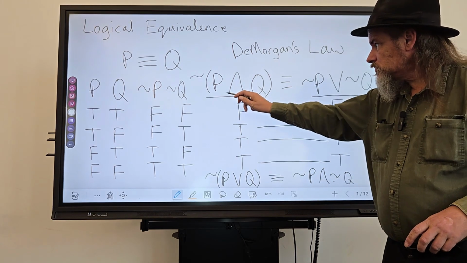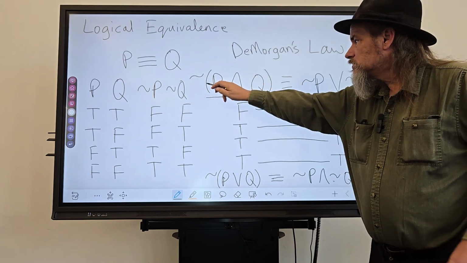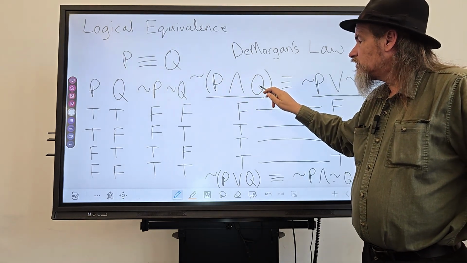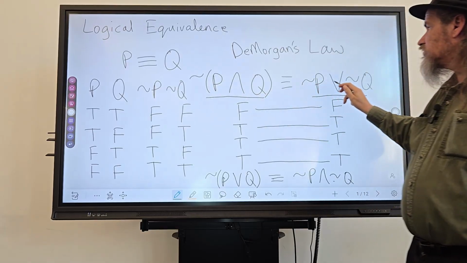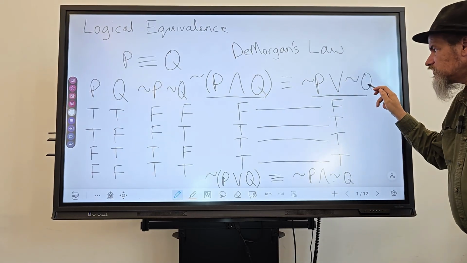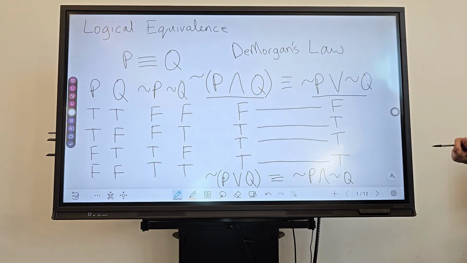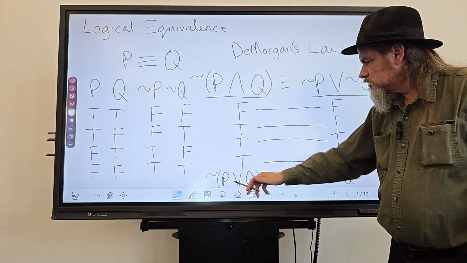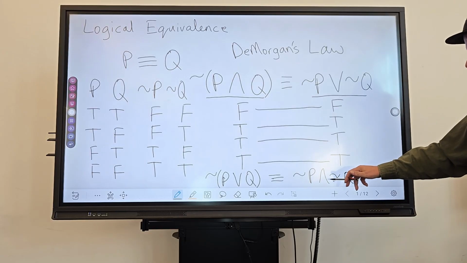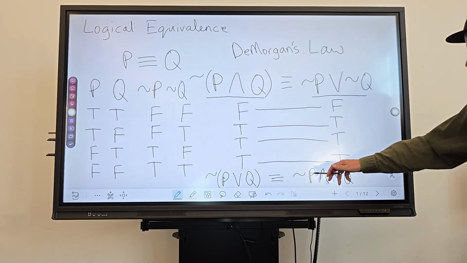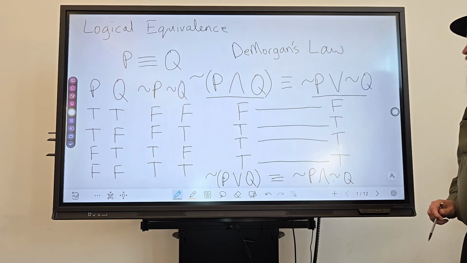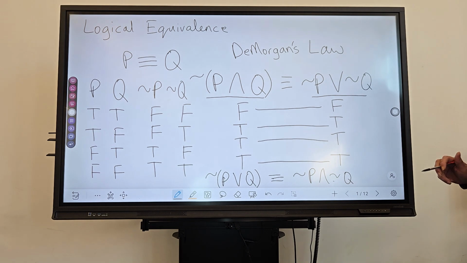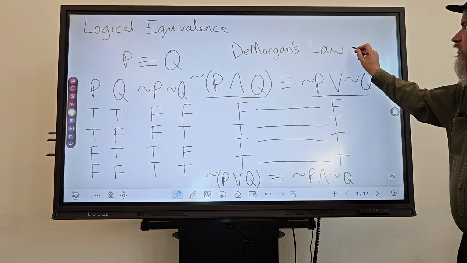So the inversion of an AND is equivalent to the OR of the two inverted statements. Likewise, the inversion of an OR is equivalent to the AND of the inverted input variables. So that's De Morgan's laws.